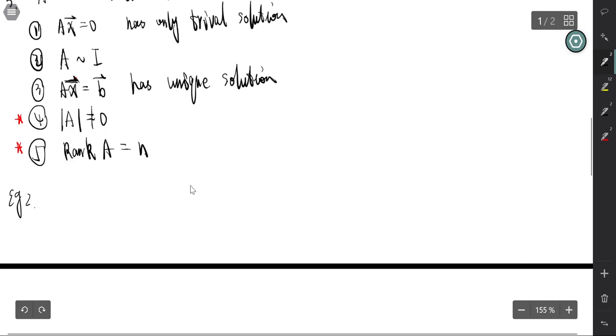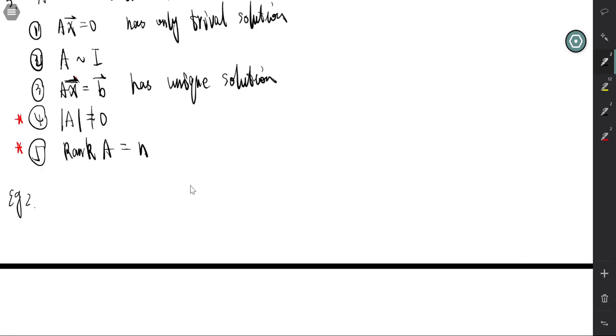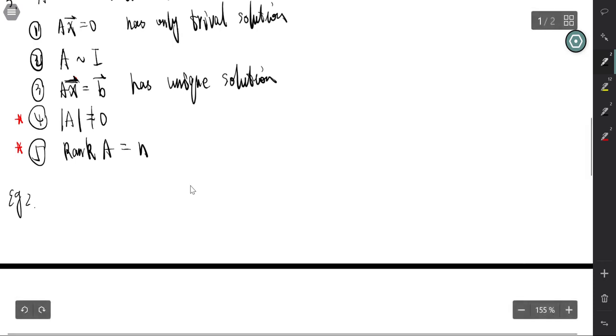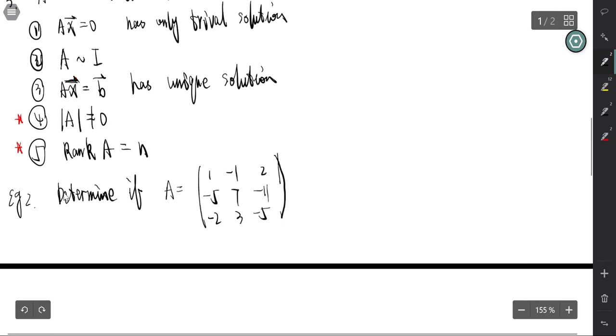Let's see an example to determine if A equals maybe 1, -1, 2, -5, 7, -11, and -2, 3, -5, if it's invertible or not.